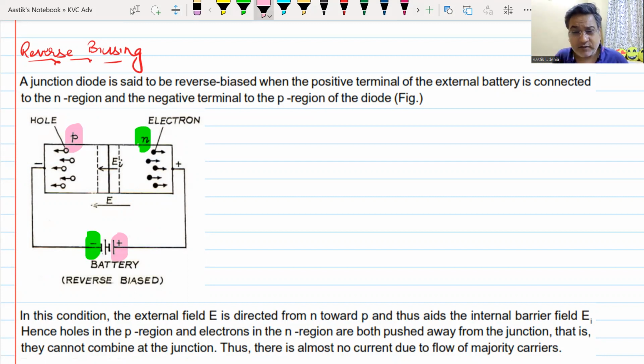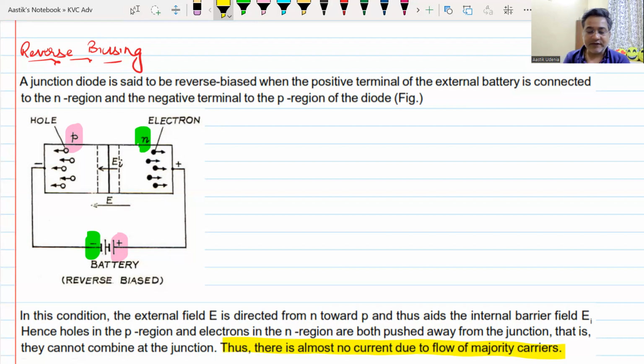It increases the potential barrier and the electrons or the holes will not have sufficient energy, because the applied electric field is opposing their motion. There would not be any current flowing in the circuit. Effectively, there would be almost no current flowing through the PN junction because of reverse biasing.